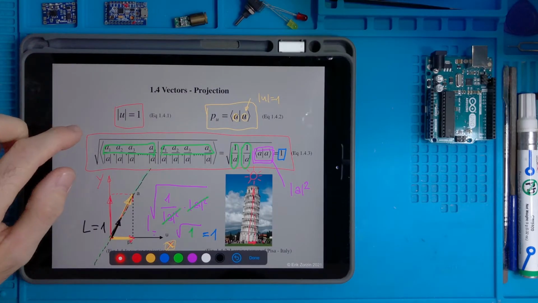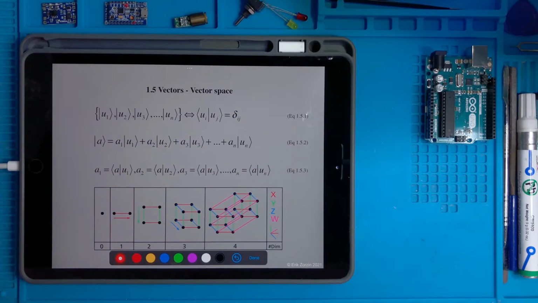Okay, let's go on. So with those elements in mind, we try to reword the things in a more precise way.